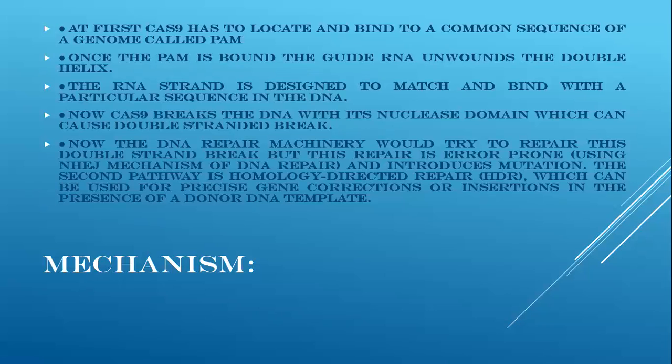Suppose you have a particular double-stranded DNA and you want to insert your gene of interest within it. For this, you can use the CRISPR-Cas9 system. Your Cas9 will locate the particular common sequence within the DNA, which is called PAM.